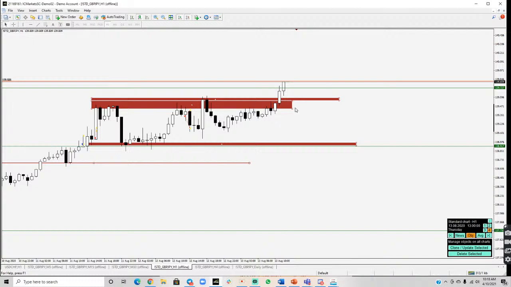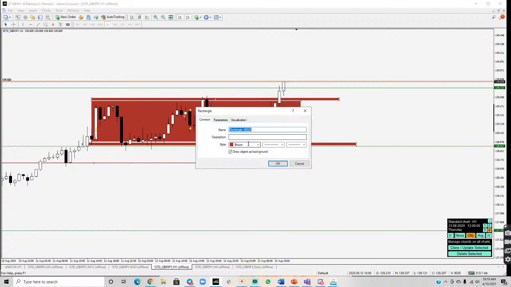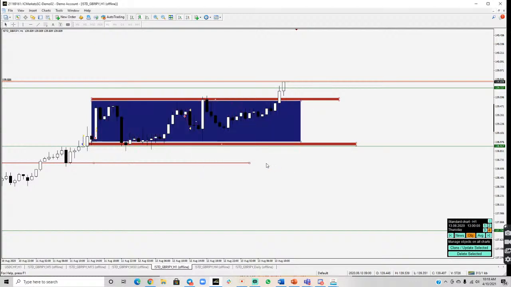This entire area is consolidation. I'm just gonna change this color. This entire area right here is consolidation.